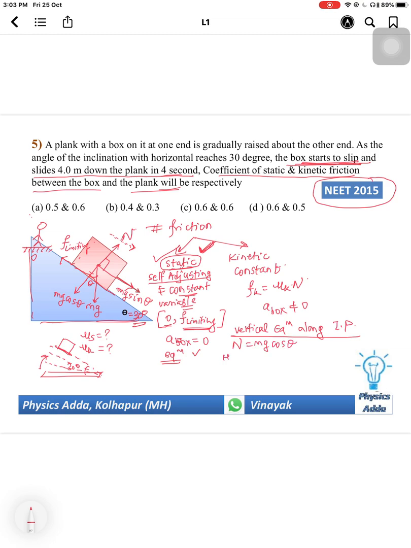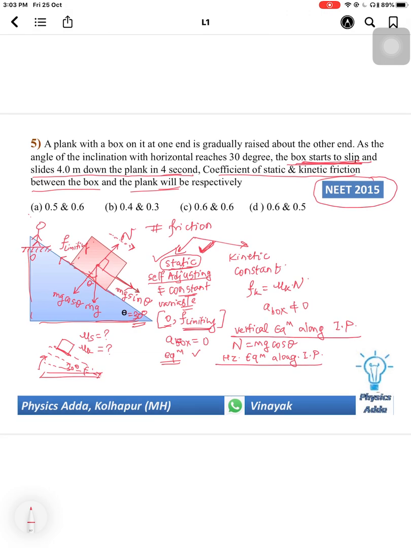Now I am taking equilibrium along the inclined plane. Along the inclined plane, it will be mg sin theta is equal to what?